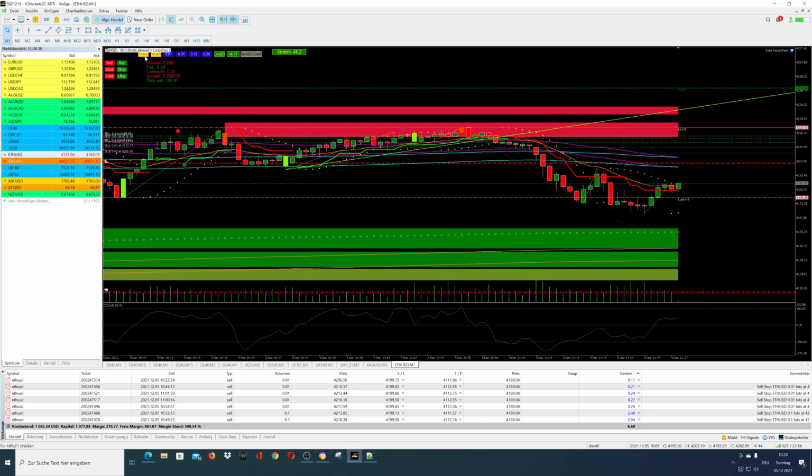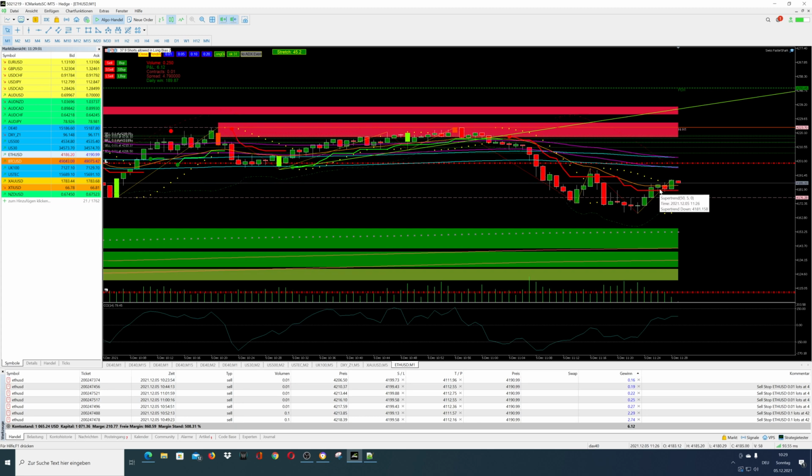Just wait some seconds. There we have a parabolic long here. One sign that we could turn the direction. And now, if here the maximum, we have here even 4 green bars. That's not so good.